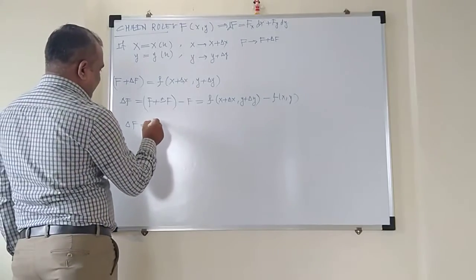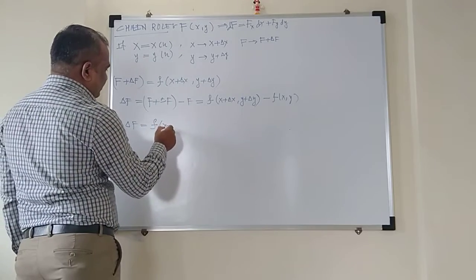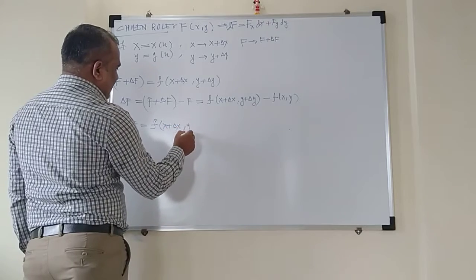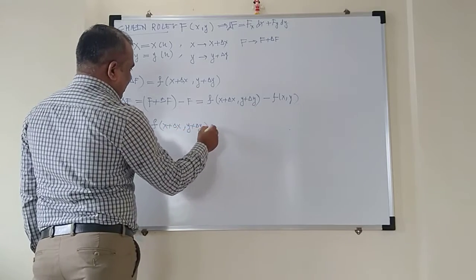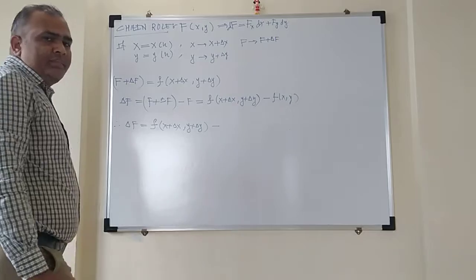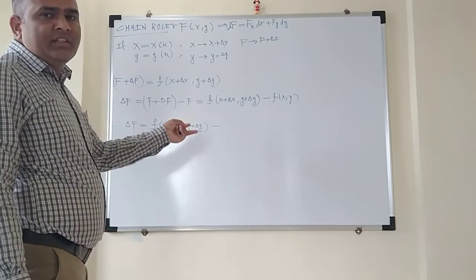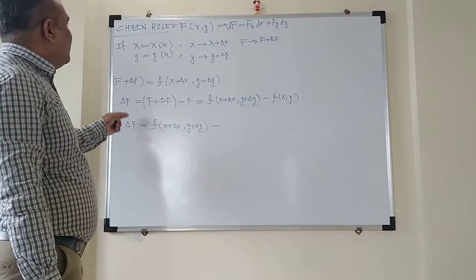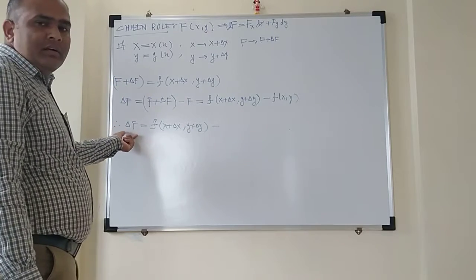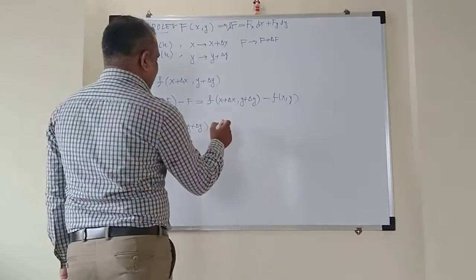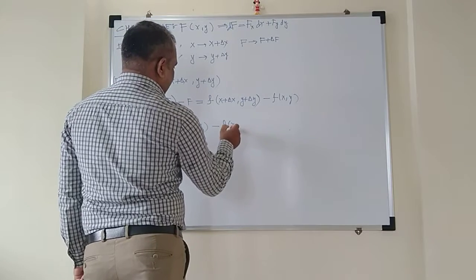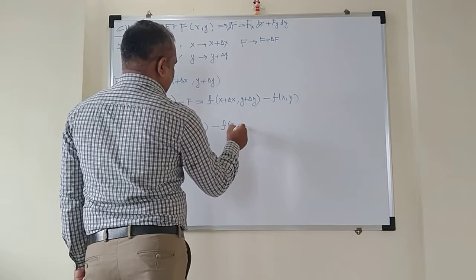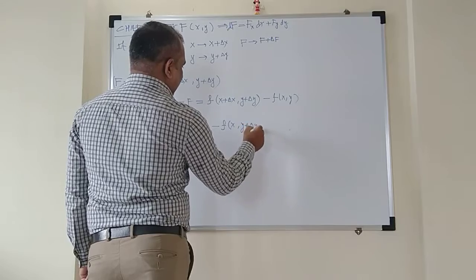So delta f will be equal to f of x plus delta x, y plus delta y minus, now let me add and subtract a term for getting the next step. So minus f of x, y plus delta y.